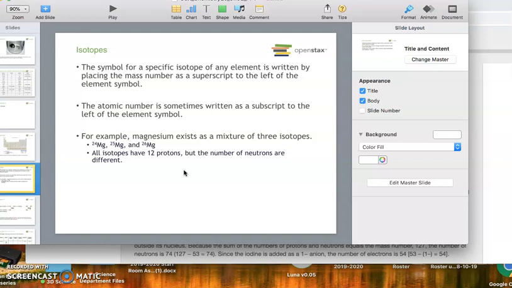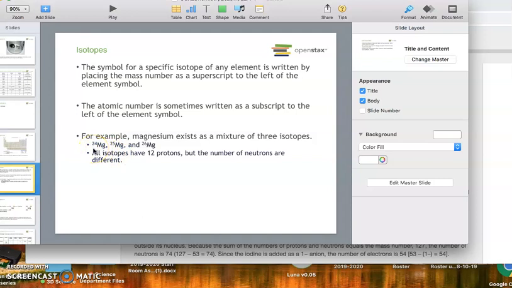When you're talking about different isotopes, you normally just mention the mass. So for example, magnesium 24 versus magnesium 25, you would talk about them based off of their mass numbers, indicating that magnesium 25 would have 1 more neutron compared to magnesium 24. Magnesium 26 would have 2 additional neutrons compared to magnesium 24.